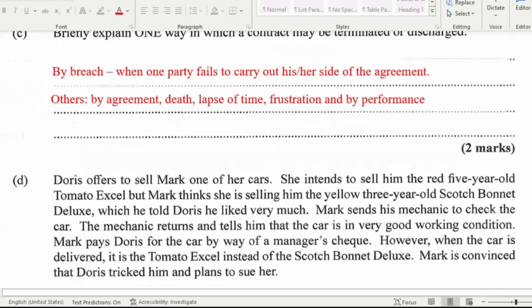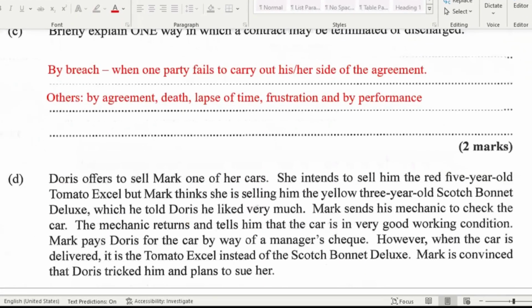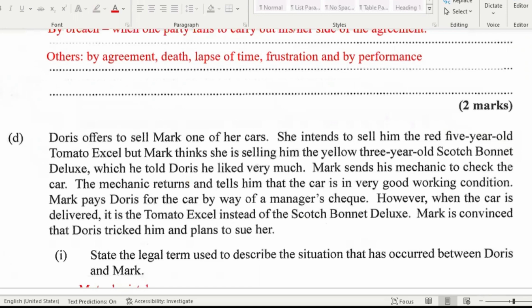D says, Doris offers to sell Mark one of her cars. She intends to sell him the red 5-year-old Tomato XL, but Mark thinks she is selling him the yellow 3-year-old Scotch Bonnet Deluxe, which he told Doris he liked very much. Mark sends his mechanic to check the car.